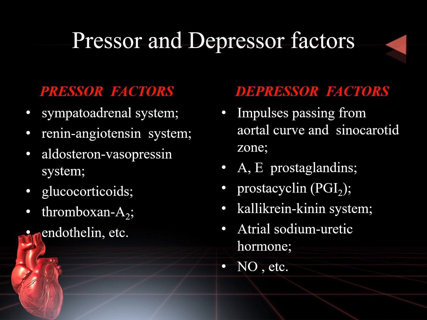They are the factors which increase the blood pressure. The following are depressor factors, for example, prostaglandin A, E, prostacyclin E2, the kinin system, then also the natriuretic hormone of the atria, and the relaxation factor, nitric oxide.